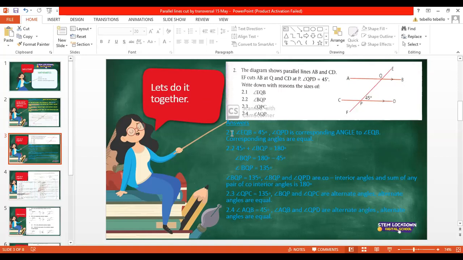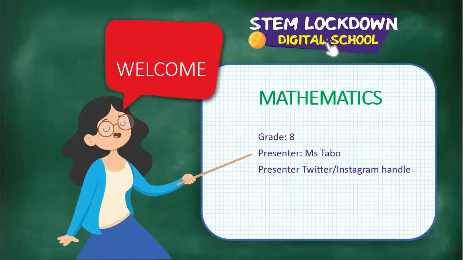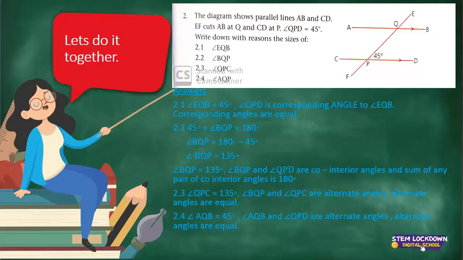So let's go and look for EQB. Here's our E, here's our Q, and there's our P. Okay, guys, so I said we must look for angle EQB.